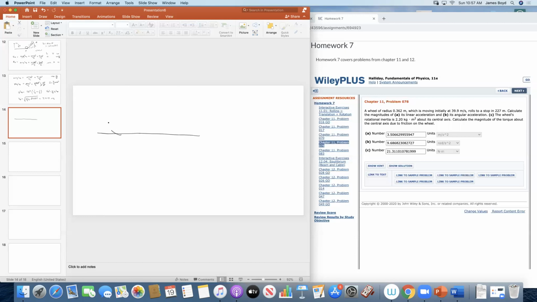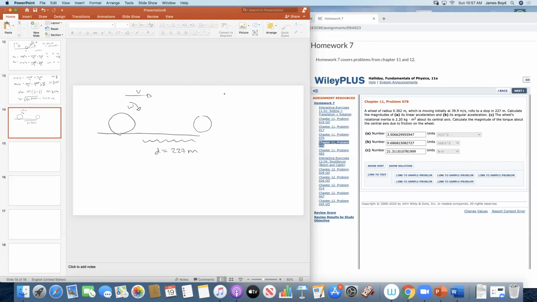So this is a wheel that's rolling along with rotational and translational velocity, and it rolls to a stop because there's friction on this floor, okay? And we're told that it rolls to a stop in 227 meters. So we want to know the linear acceleration of this. And you don't even have to overthink this, right?